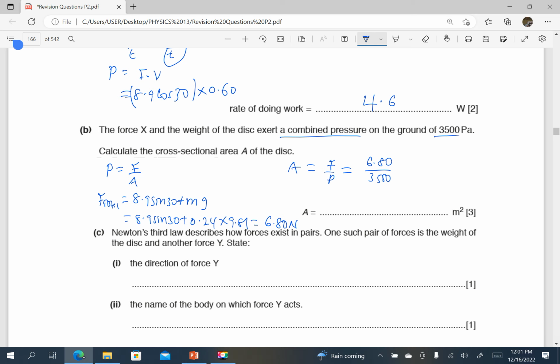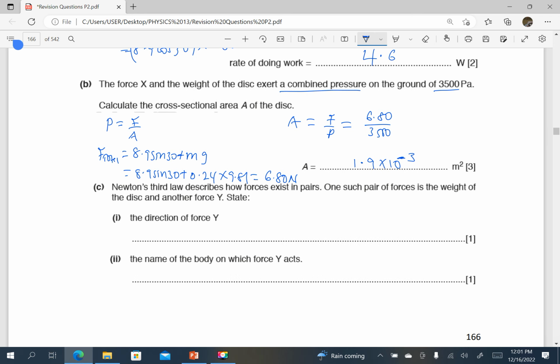So I divide. This gives me 1.9 times 10 power negative 3 meters squared.